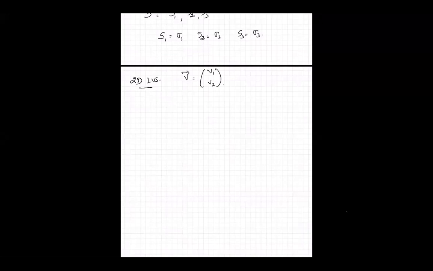How? The Pauli matrix sigma 1 can act on V. It gives 0, 1, 1, 0 acting on V1, V2 equals V2, V1. So sigma 1 has the job of interchanging the two components of this vector. Similarly, sigma 2 does something else and sigma 3 does something else.